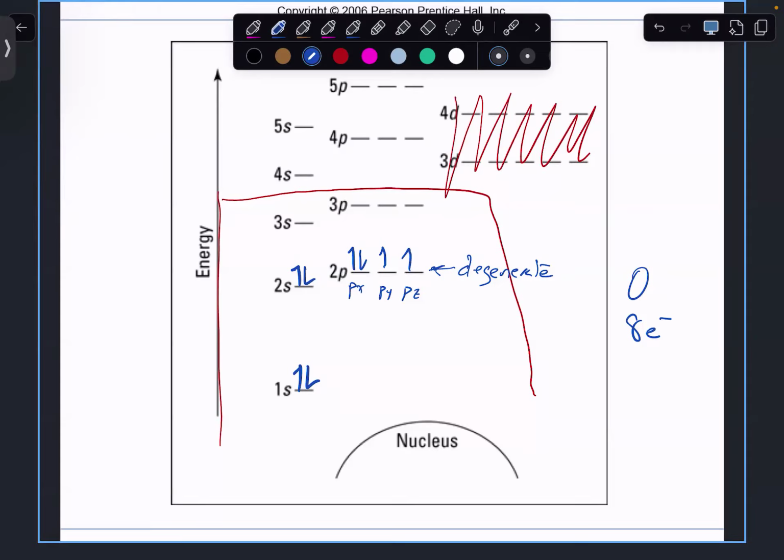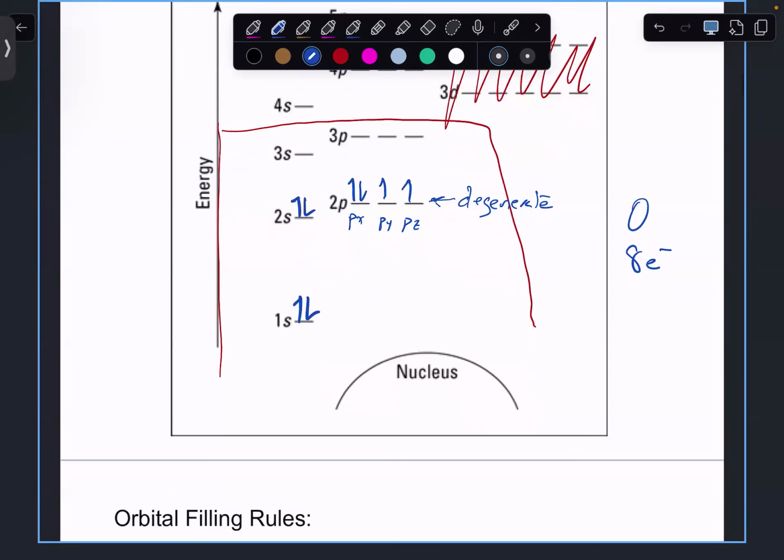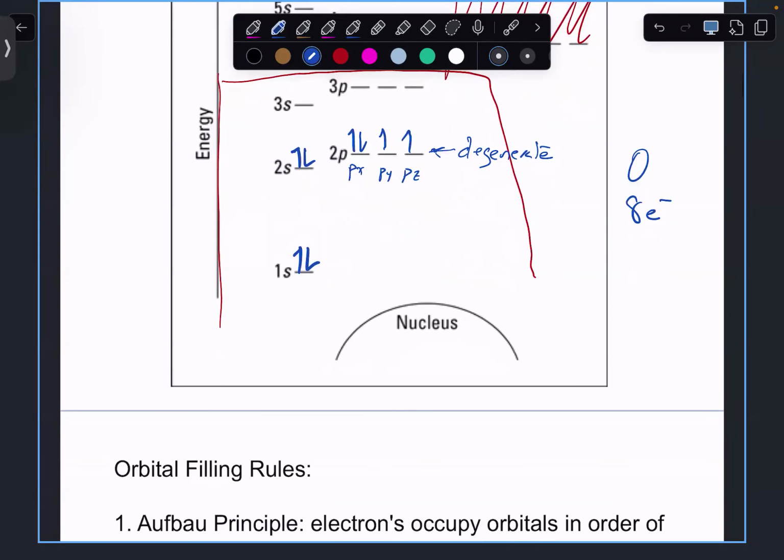And the way we would write that out, so you don't generally have a big schematic like this, the way we would represent that is we would say 1s2, right? Because the superscript here represents how many electrons are in that particular orbital. So we have 2 electrons in the 1s.